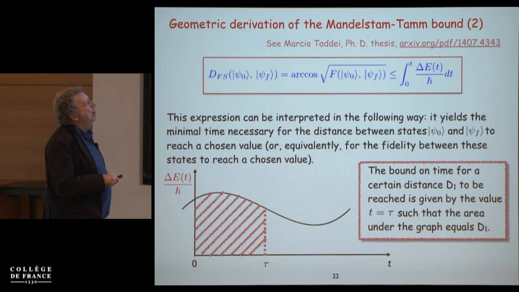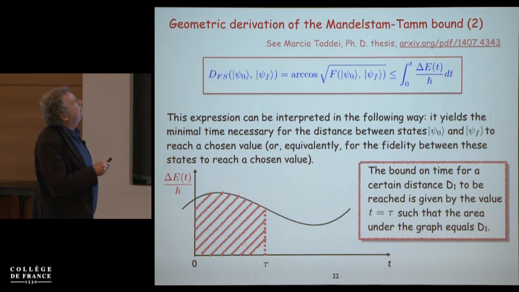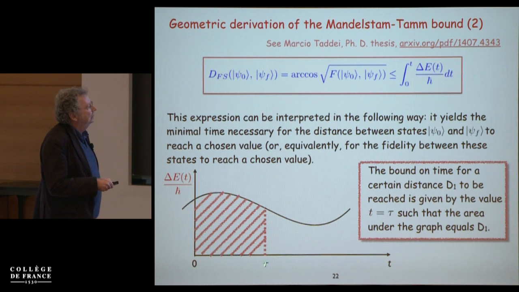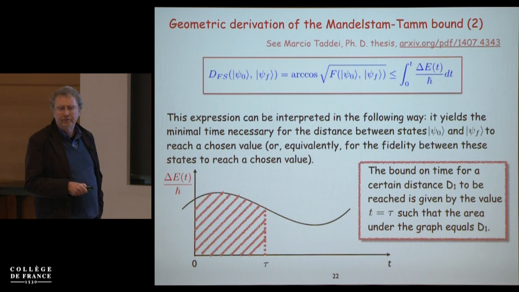I want to find the bound on time for a certain distance d1 to be reached, okay, between the two states. Or I may say for some fidelity to be reached. In order to do that, you have to integrate this, and this bound of time is given by the value, say t equal to tau, such that the area under the graph equals the distance you want to have. Okay? So that's the geometric meaning of this relation. So this is actually a lower bound on the time.